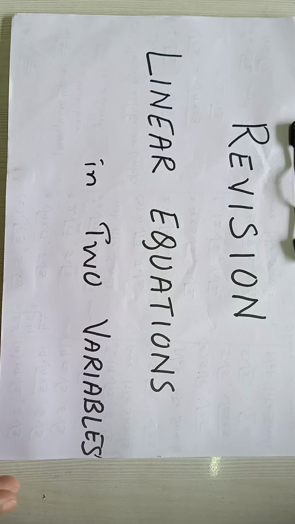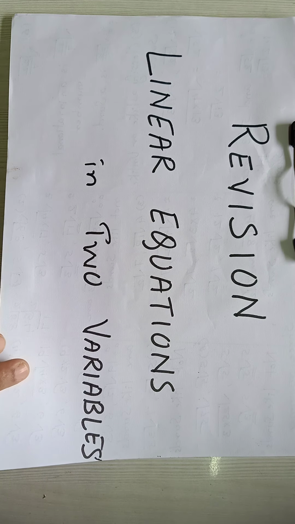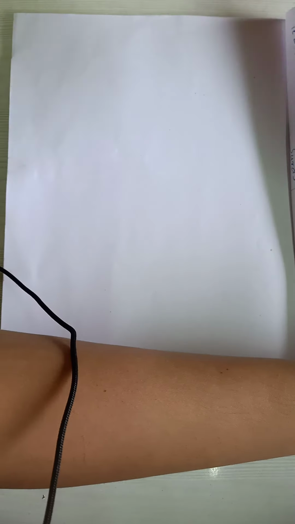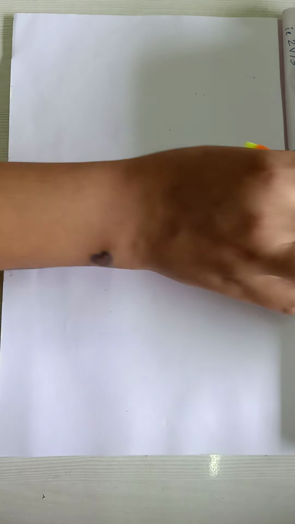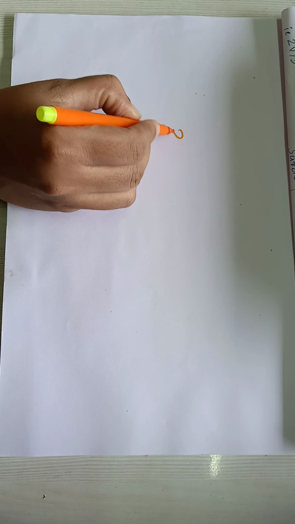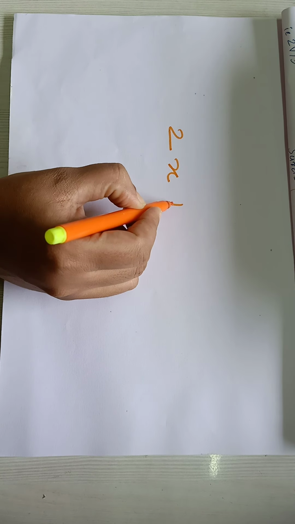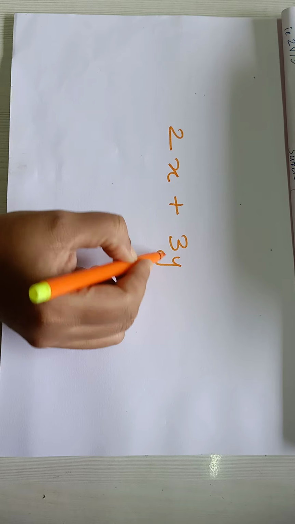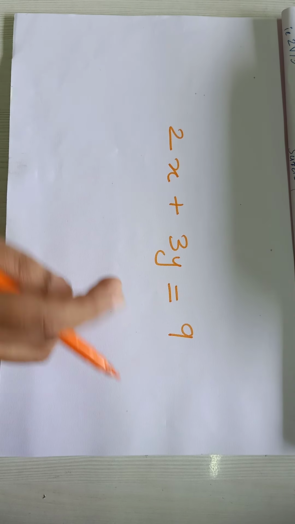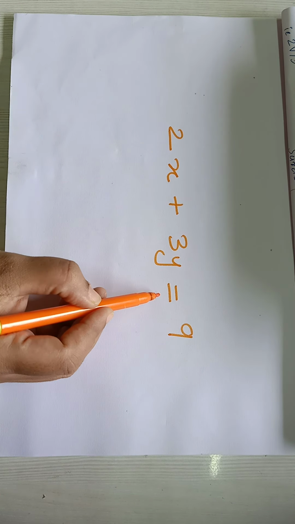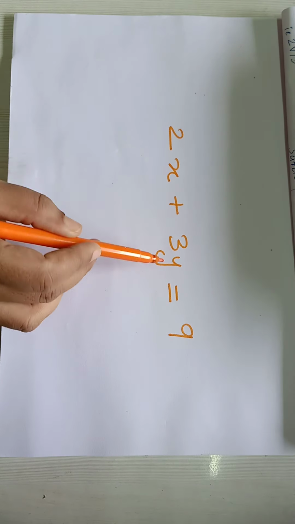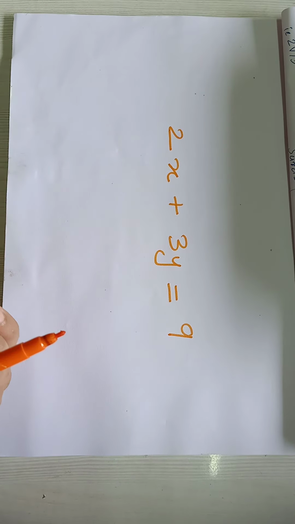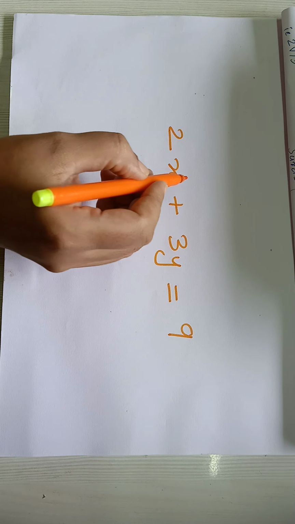First we will see what is a linear equation in two variables. An equation which has two variables, 2x plus 3y equal to 9. Here the two variables are x and y, and the degree of both the variables should be 1.